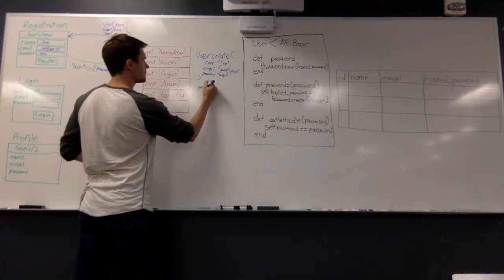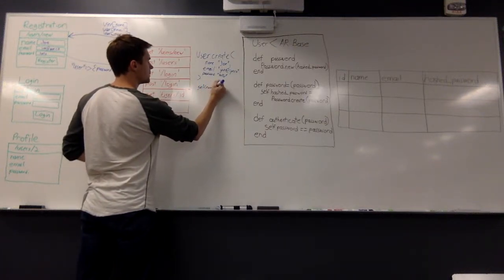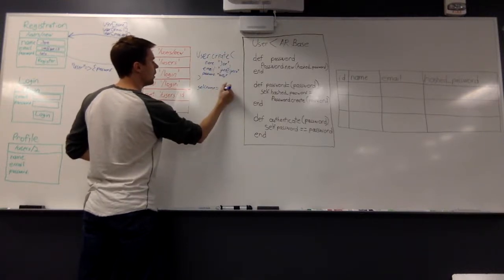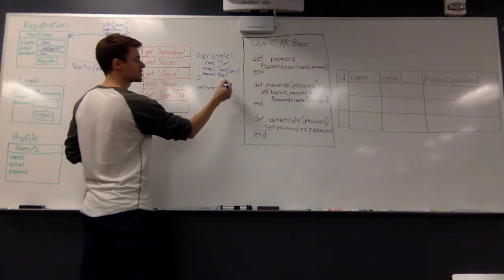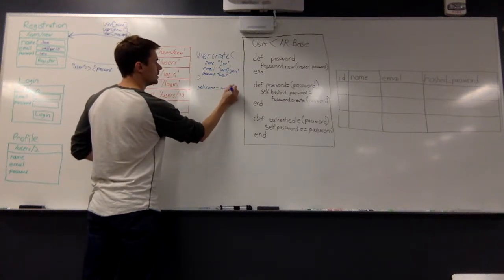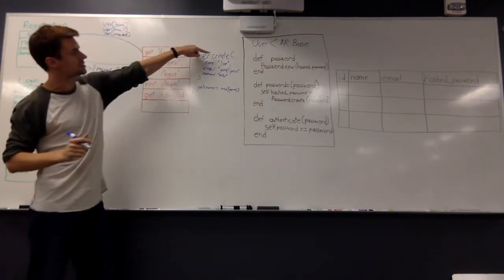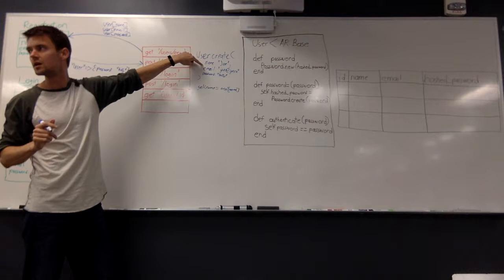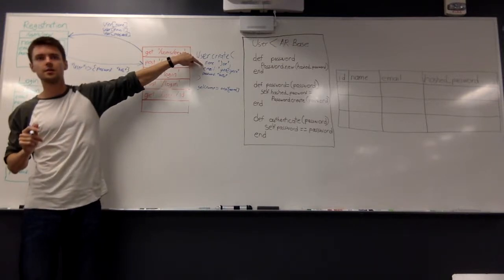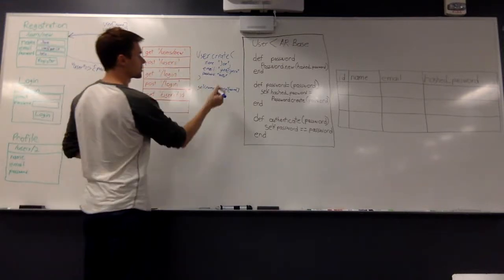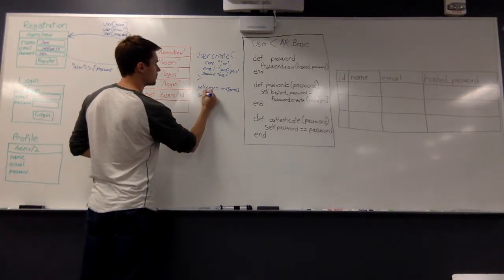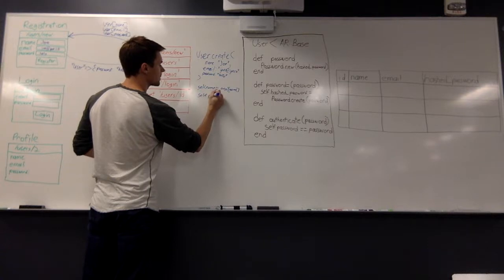So it'll say self.name equals args, or whatever they've chosen to call it, name, because that's what's passed into the create call. Does everybody follow that? Any questions there? So it does the same thing for all the other parameters. So the same thing for email, and then more importantly, the same thing for password.